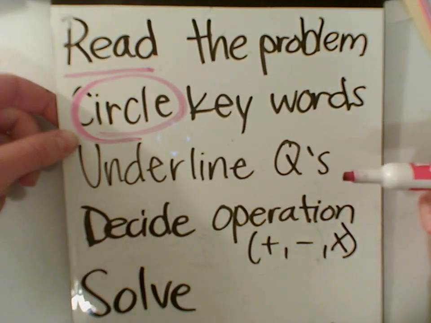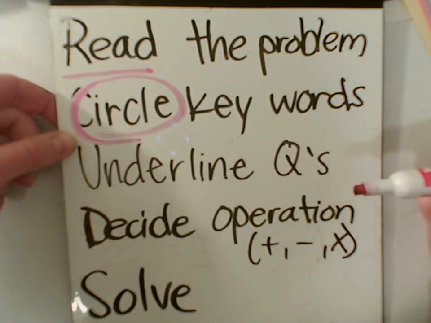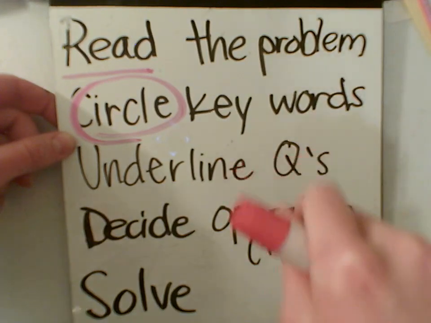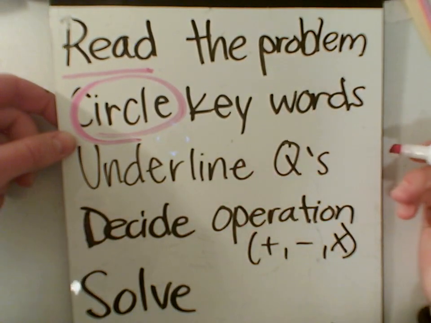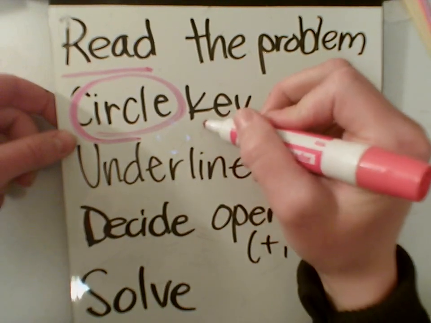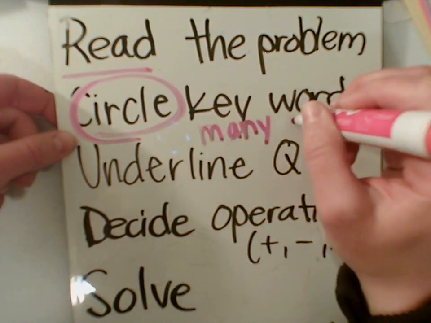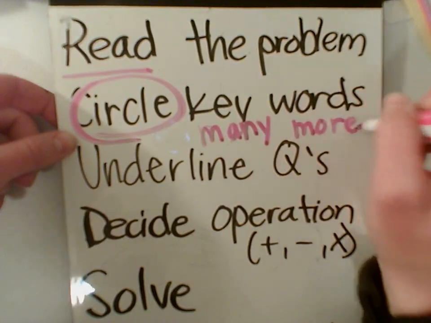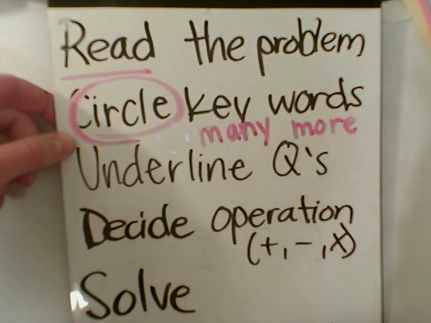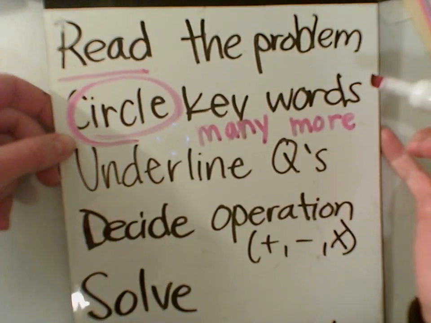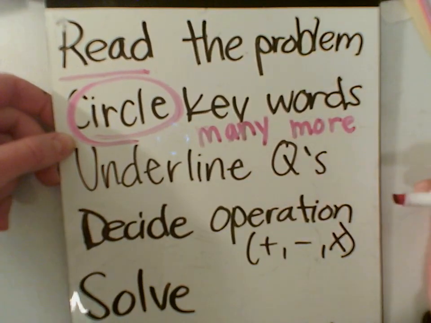So it's kind of like a key that might unlock a treasure chest. You need some key words in order to figure out the problem, kind of like words such as maybe many or more. Okay, these are key words that help you decide how to solve the problem.